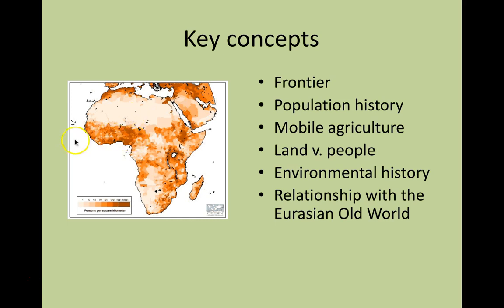The African continent was home to many of the same diseases that afflicted the Eurasian Old World, which meant that when the contact between those areas and sub-Saharan Africa increased in the early modern era, starting in the 15th century or so, with Portuguese navigation and the voyages of exploration period, contact between sub-Saharan Africa and Europe increases tremendously during that time.